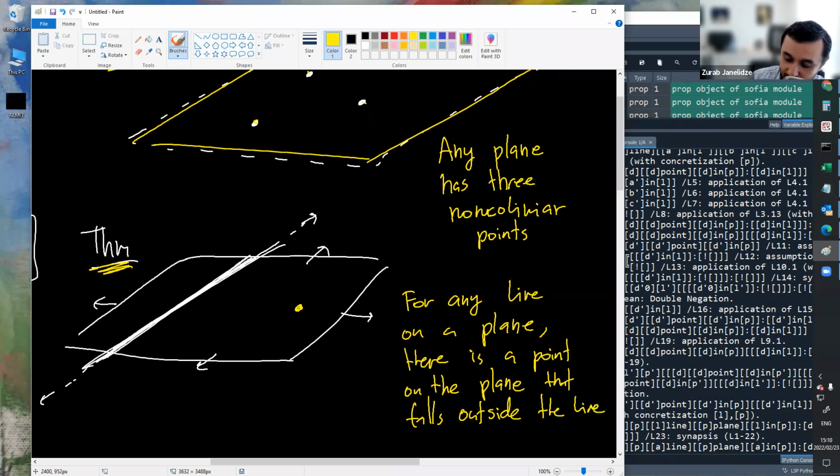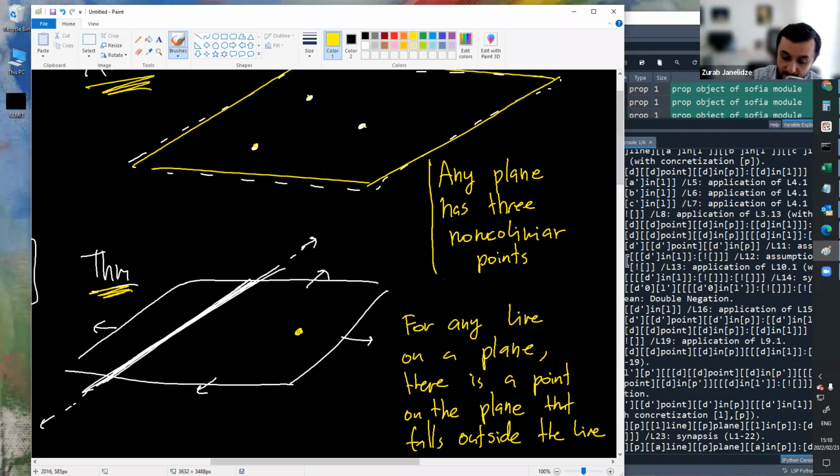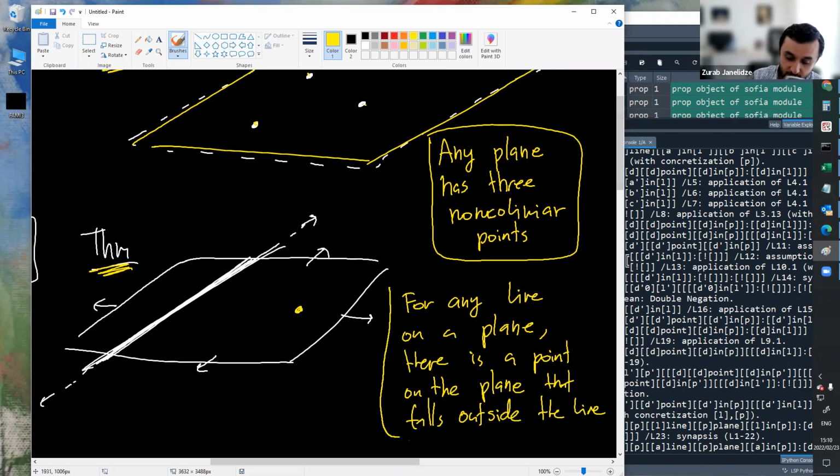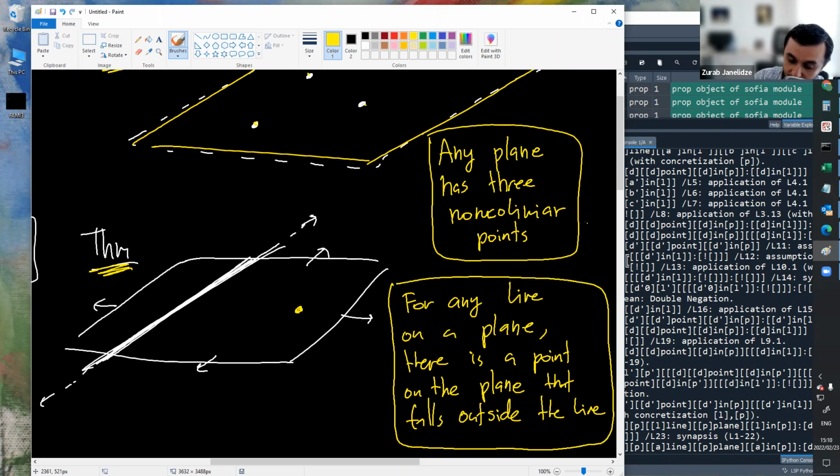So do you think you can explain why this claim here can give us this as a logical consequence, without using any other insight of geometry, just using this fact and pure logic? Why does this imply that?